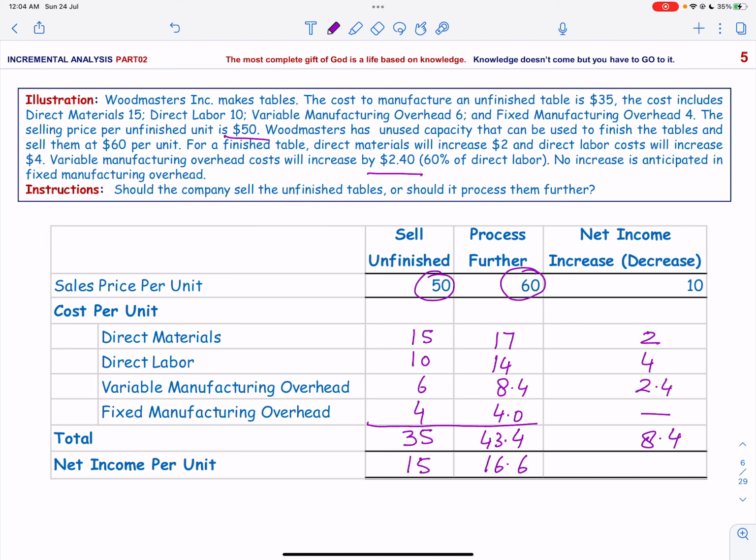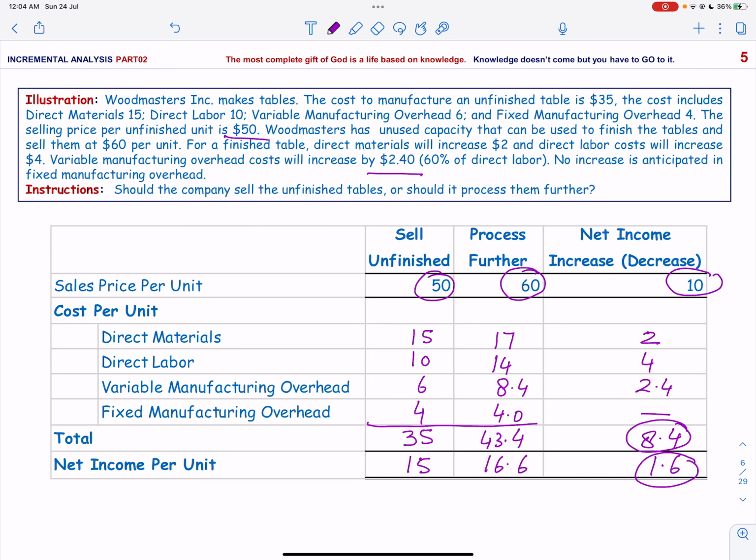So the net income has increased by 1.6. So it would be advantageous for Woodmasters to process the tables further. The incremental revenue of 10 from the additional processing is 1.6 higher than the incremental processing cost of 8.4.